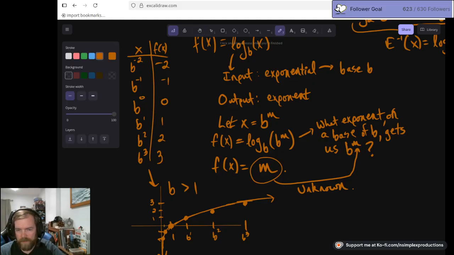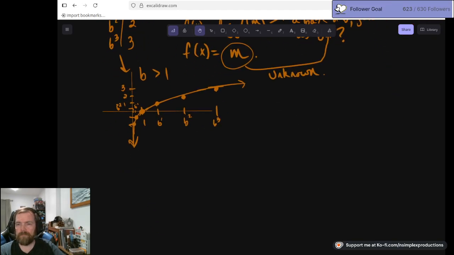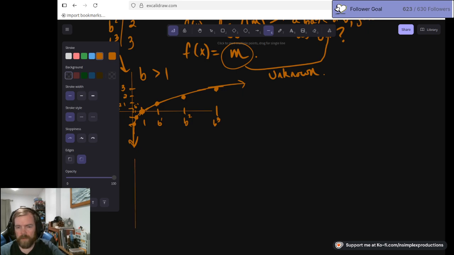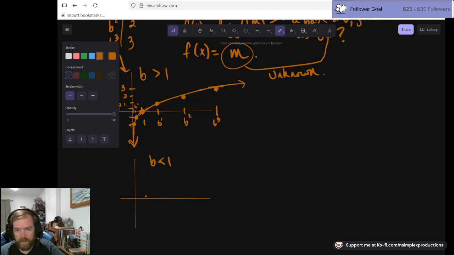We'll rewrite this here. This is b to the negative first, b to the negative second, etc. With b less than 1, when we get out here, this is going to be, again, 1. This is b to the first power.